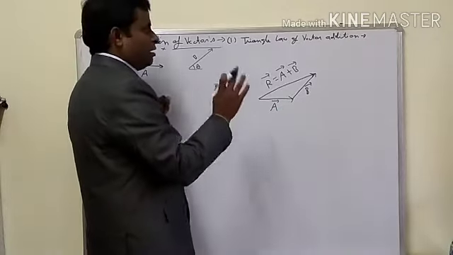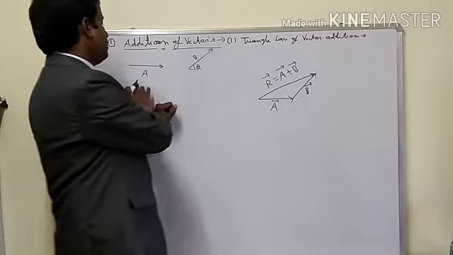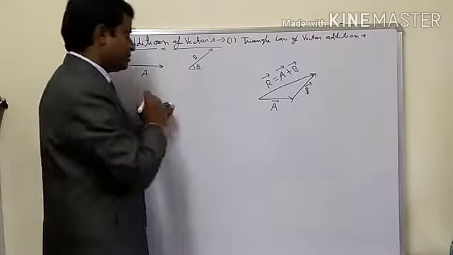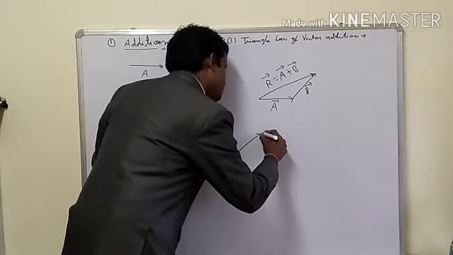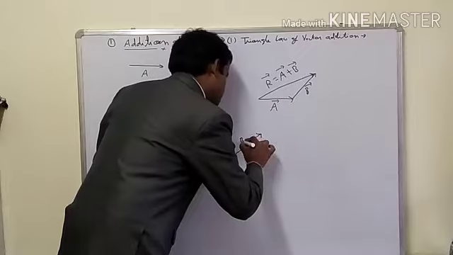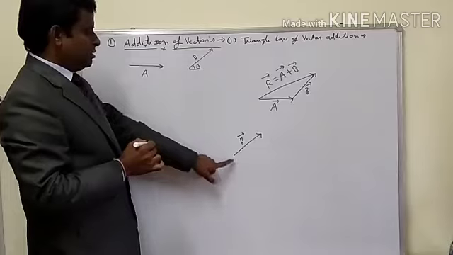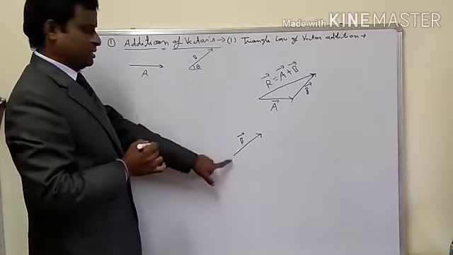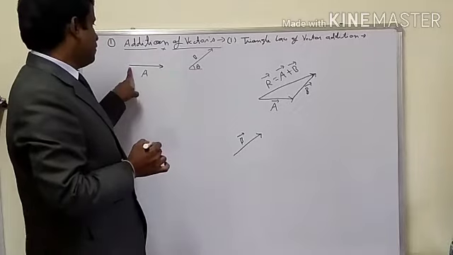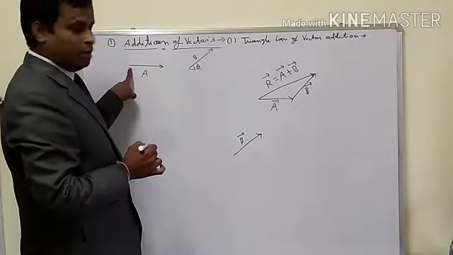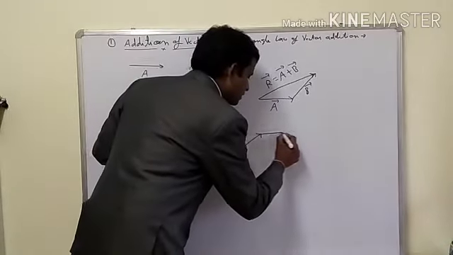Now, if you want to add vector B and vector A, then how will you add? See, we will draw vector B first. First we will draw vector B, but one thing is important. We will not change the direction of the vector. We will draw it as it is. Getting it? Then after that we will join the tail of vector A to the head of vector B, like that.